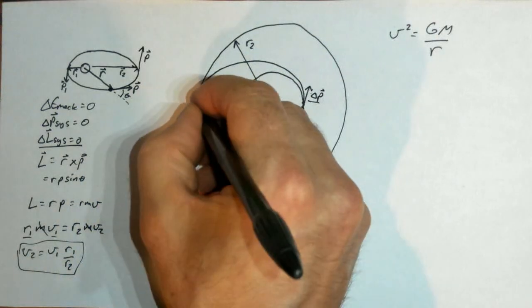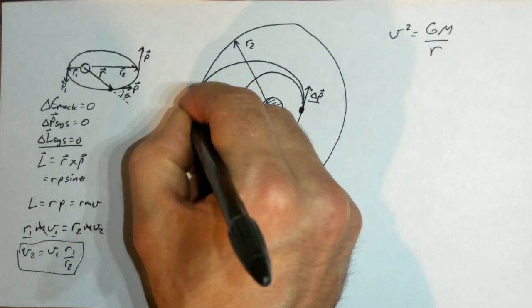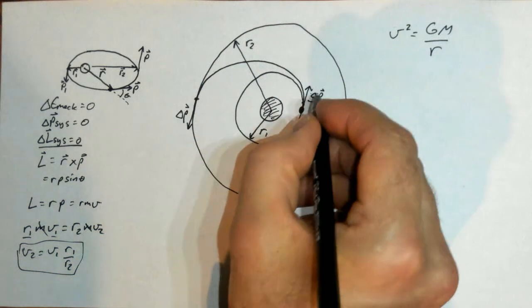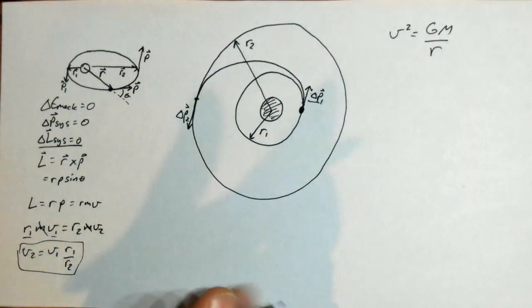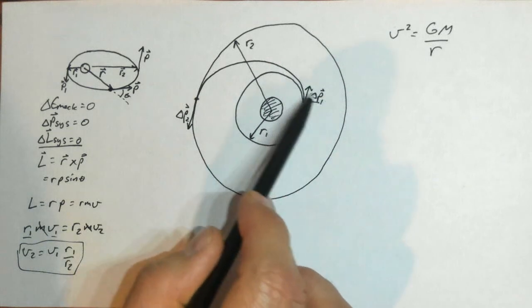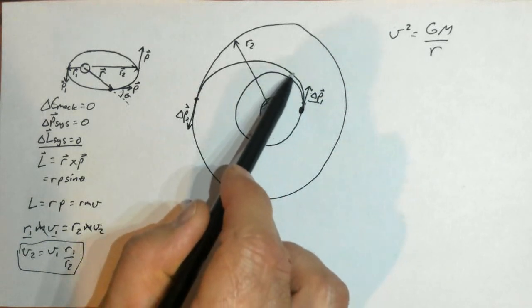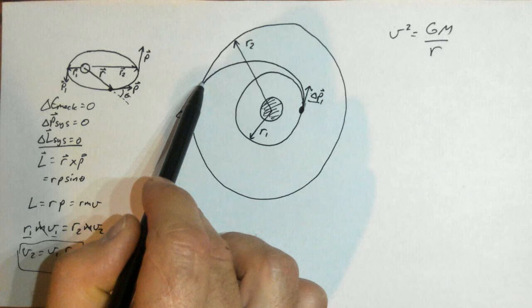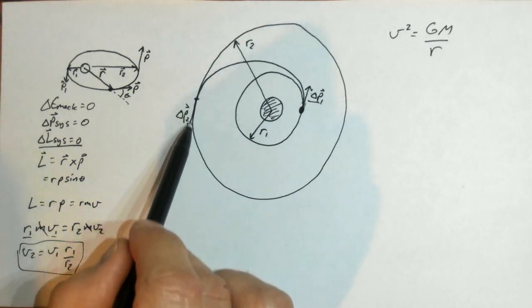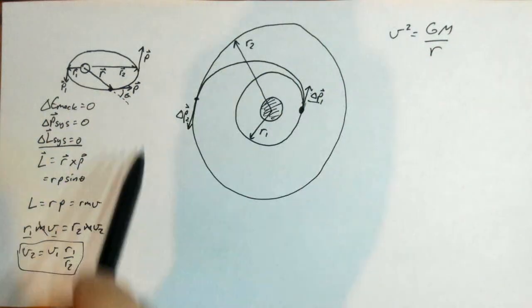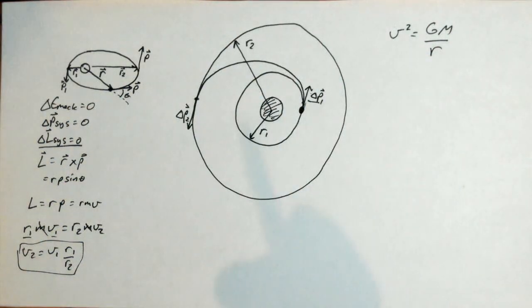So you give yourself another delta P, and I'll put a 1 and a 2 here because they're different values. This delta P will give you the boost to get into this elliptical orbit, but you slow down by the time you get out here, and you have to give yourself another boost to speed back up to get into this big orbit. And that's how they would make an orbital change.